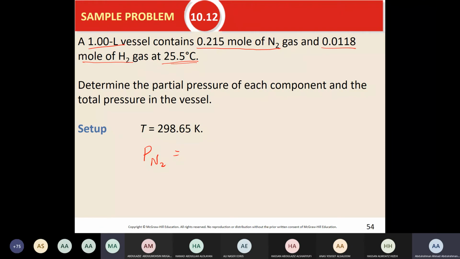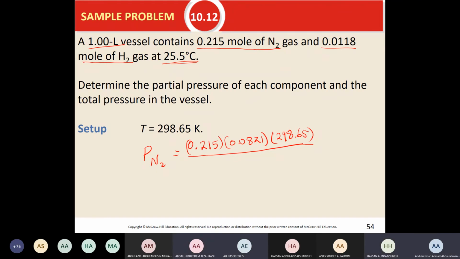PV equals nRT. 0.215 times what? 0.0821 times 298.65, divided by 1 liter.